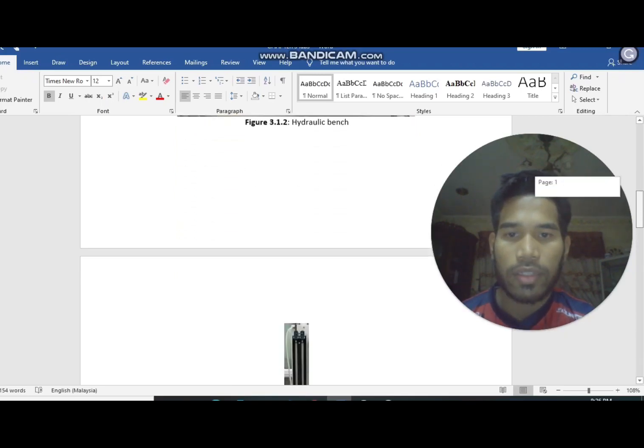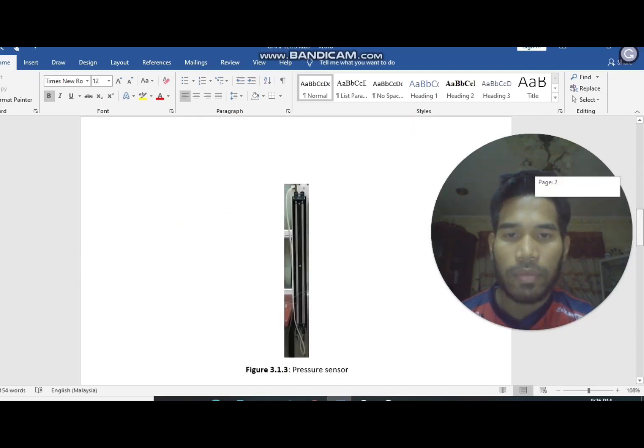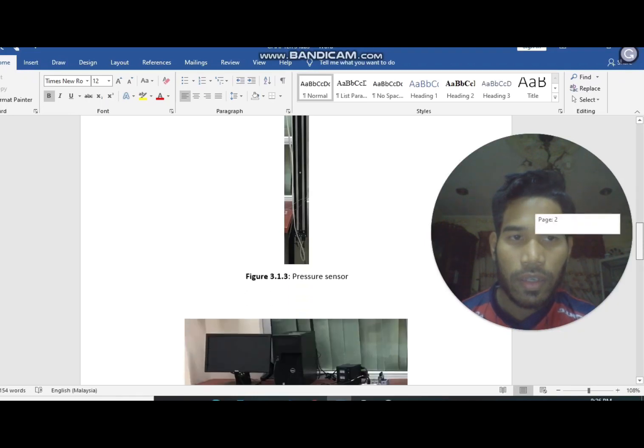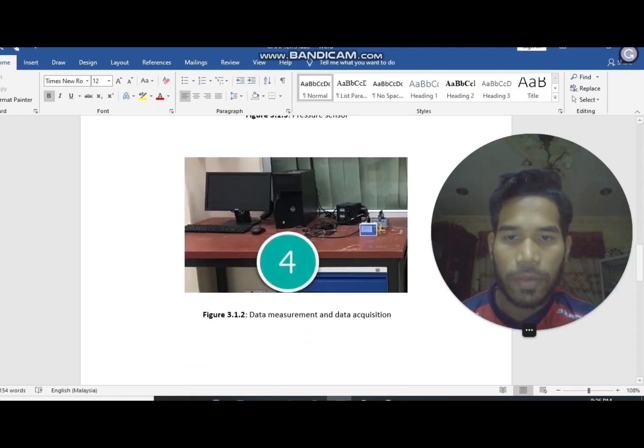And then third, figure 3.1.3, this is a pressure sensor. And lastly, this is the data measurement and data acquisition.